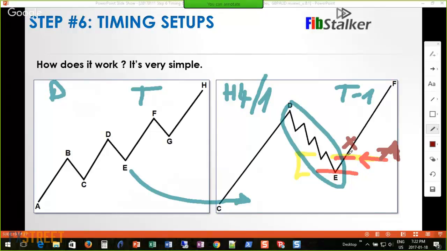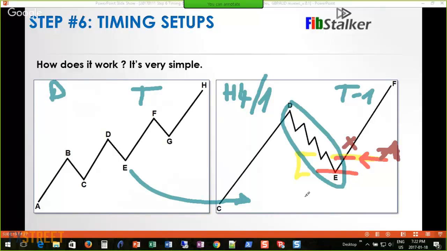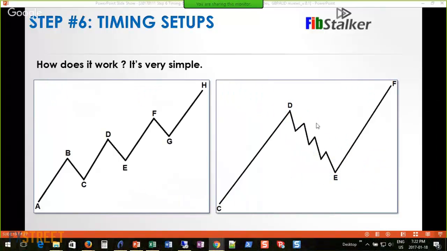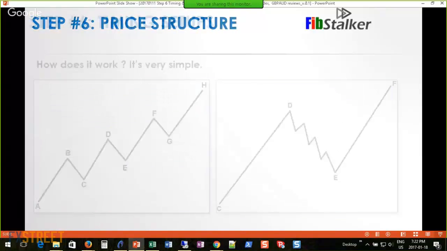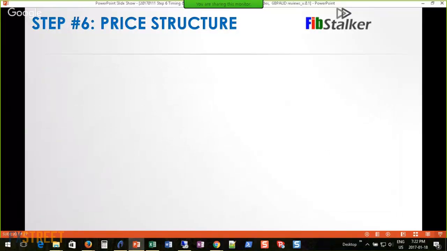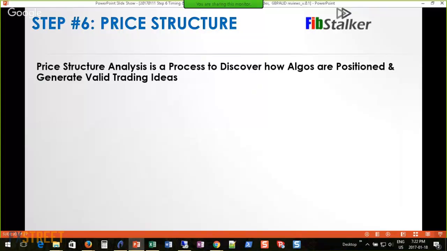So the distance X to E gives us the pip risk or the tick risk. And so we use this to get a confirmation and enter at the same time, to control and make our pip or dollar risk as small as possible, which would actually offer us bigger reward to risk, which is what we want. Okay.